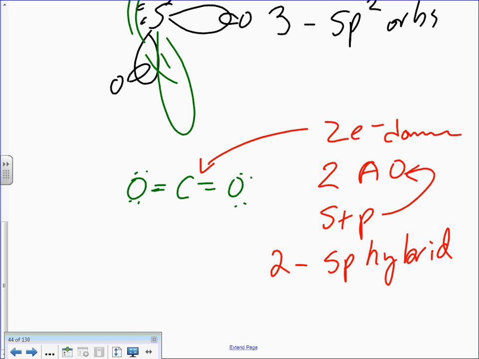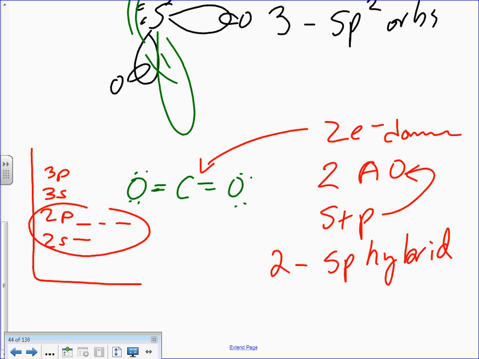And so, for anything that's not sp, it goes in order, because do you remember the Aufbau diagram? It's like 2s, 2p, 3s, 3p. This is the S, these are the P's. You can only hybridize things that are very similar in energy, because bonding is an energy-lowering process. When you hybridize these, they come to a middle ground.